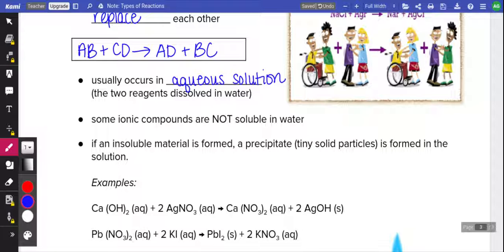Often in the case of double displacement reactions, you have precipitates that are formed because not all ionic compounds are soluble in water. Many are, but they are not all soluble. So you end up with a precipitate that leaves the substance and forms in the solution. It will often fall to the bottom of the solution.